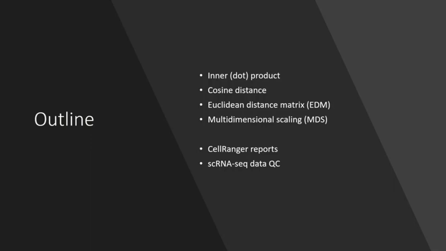Then following that, we will define cosine distance. You probably know Euclidean distance, but cosine distance is also widely used in machine learning, especially in high dimensionality analysis of data.